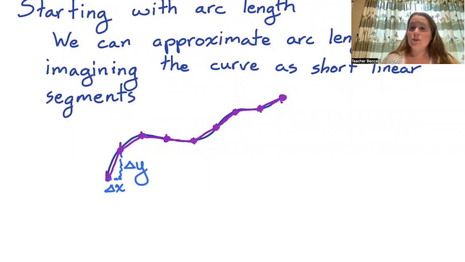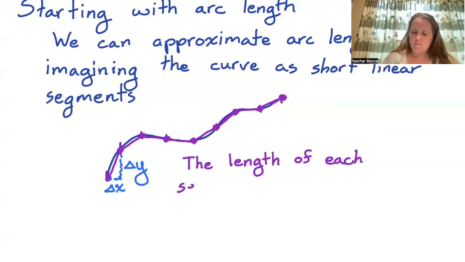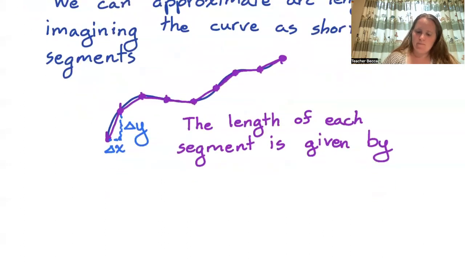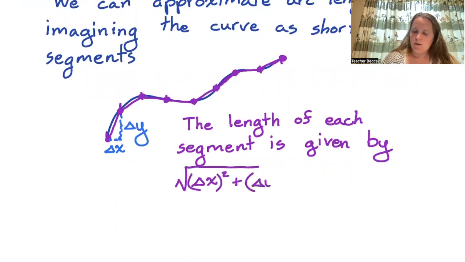So the length of each segment is given by the square root of delta x squared plus delta y squared.